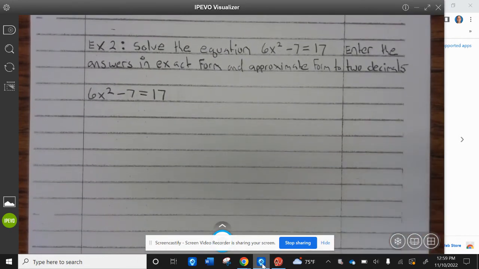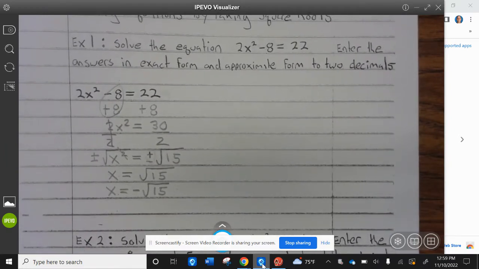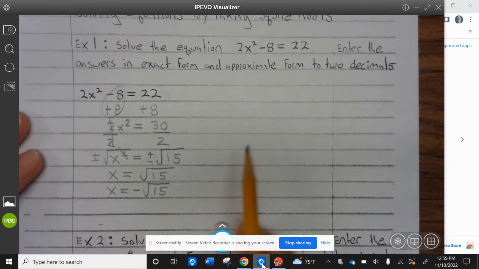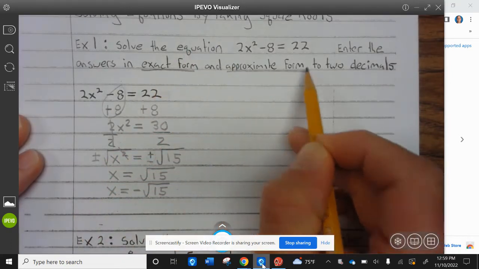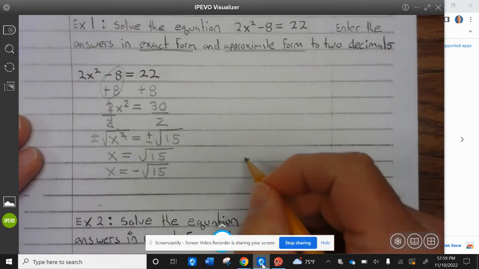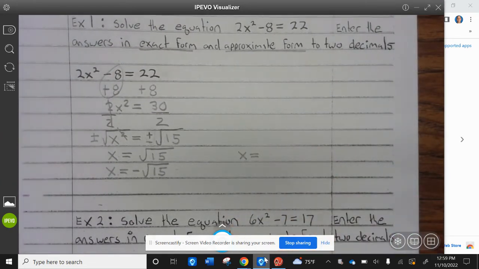All right, take a look at example 2. Solve the equation 6x squared minus 7 equals 17. Enter the answer in exact form and approximate form to 2 decimal places. Oh, almost forgot. I have the exact form here, but I need the approximate form here. So we're going to put the square root of 15 in our calculator.